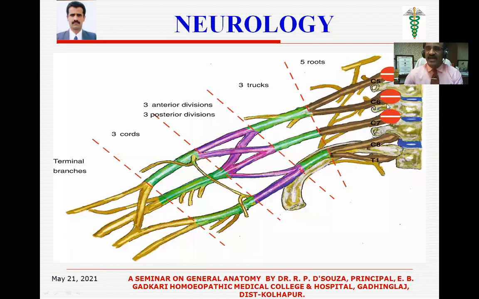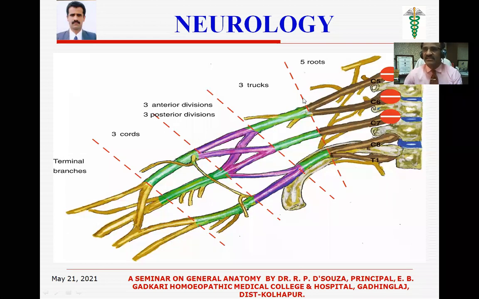So five spinal nerves take part in the formation of your brachial plexus, and these roots form trunks, because the anterior divisions, the ventral rami of these nerves, when they divide into anterior and posterior divisions, they unite.